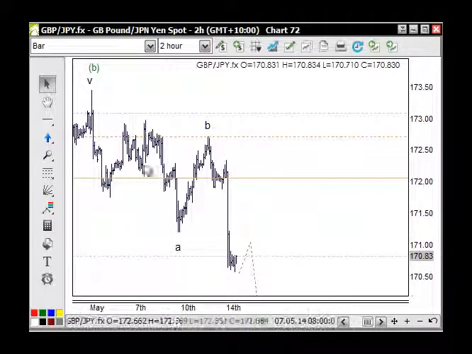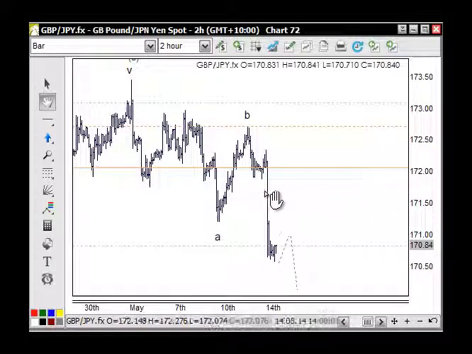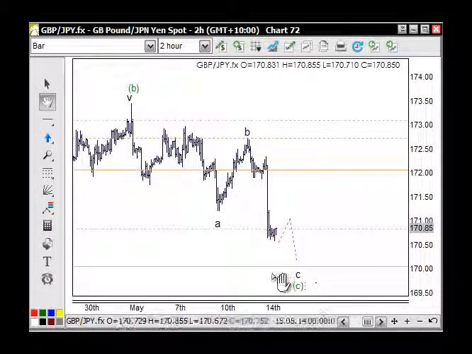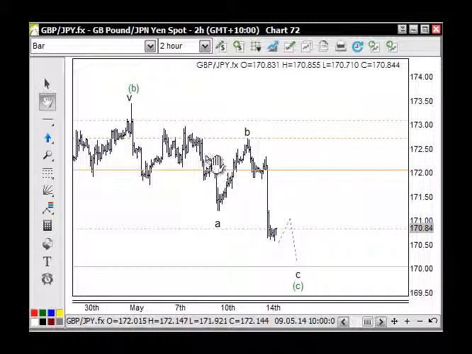The idea yesterday was to be short at 171.72 in here. And you can look to cover now if you would like, but there still appears to be another little move down through here in terms of the double zigzag, in terms of an A and a B and a C here for the A wave, the B wave back to here, and the C wave down here, this C wave in 5 waves here, a bit like this C wave here.